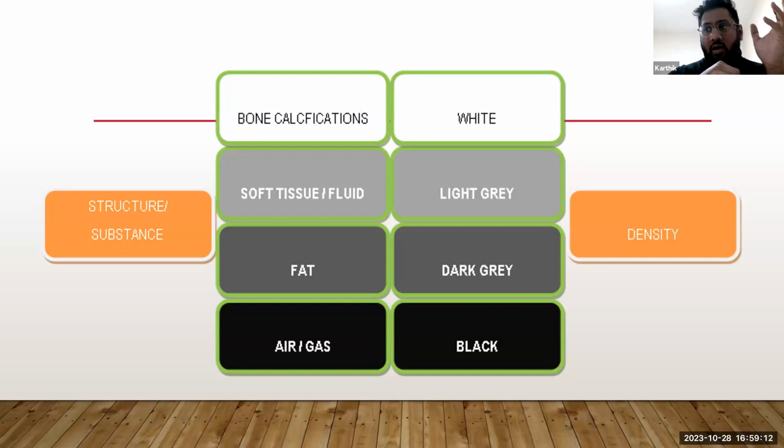Typically our intra-abdominal organs we'll see in this sort of light gray structure. The white is bone and calcifications, and I haven't written it here, but the intense white is basically metals and things like that, like batteries. Sometimes we find kids ingesting button batteries, even adults too, and they come up as a very intense white color.